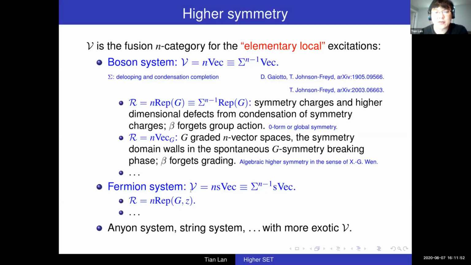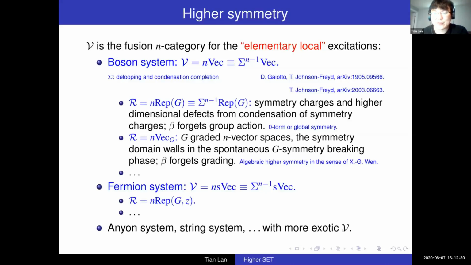For fermion systems, we should take V to be the higher supervector space. And similarly, we can define zero-form fermionic symmetry and also others. This fermion case, and this dual symmetry of zero-form symmetry, are basically the two things that force us to generalize the notion of symmetry to such a stage. But after we do this, we can consider something more exotic.